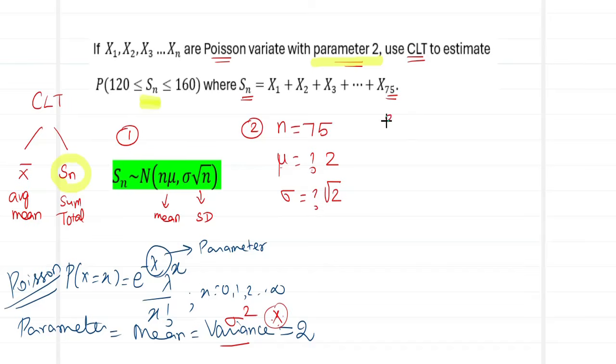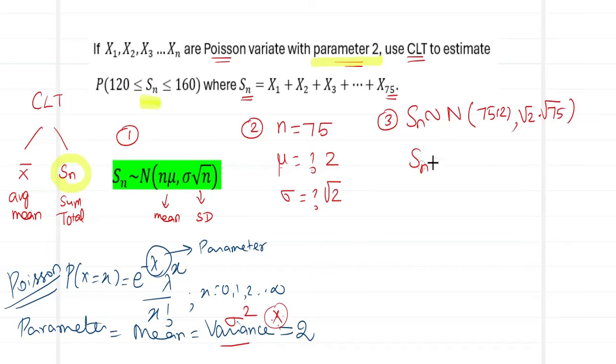What is our step number 3? Fix your data in the formula. So, Sn follows normal distribution with n mu, which is 75 times 2, and sigma into square root of n, which is square root of 2 into square root of 75.